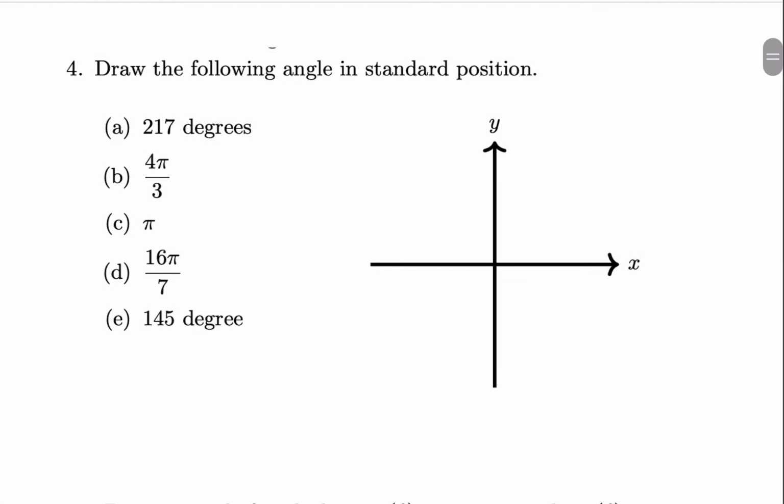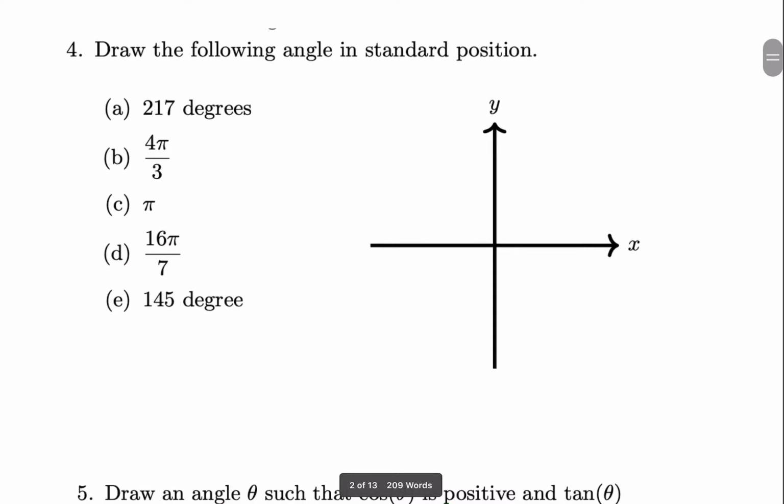Okay, so draw the following angle in the standard position. Standard position just means we're drawing in x and y coordinates. So let's do one at a time. 217 degrees. We know that each quadrant is 90 degrees. So here to here is 90, 180.